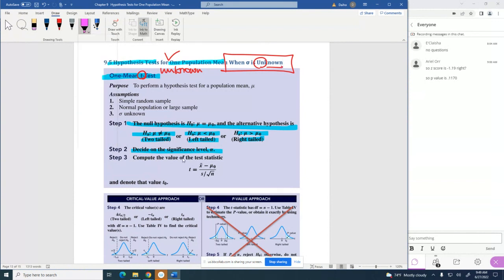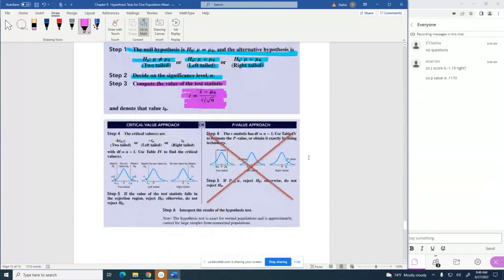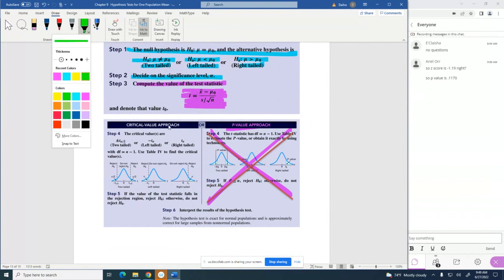Now, step 3. It is a new one, but it's quite similar. We are going to use the t-score. Before, we got the p-value. I'm so sorry, it's no more p-value, but we are going to apply the critical value.